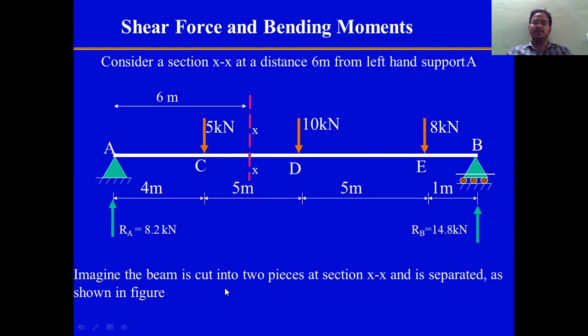Imagine the beam is cut into two pieces at a section XX and is separated as shown in the figure. Now these forces are acting vertically downward and vertically upward. So 5 kilonewton, 10 and 8.